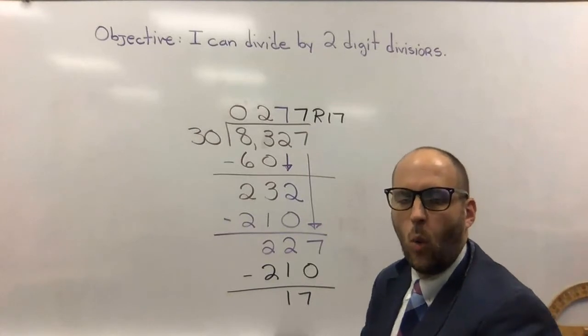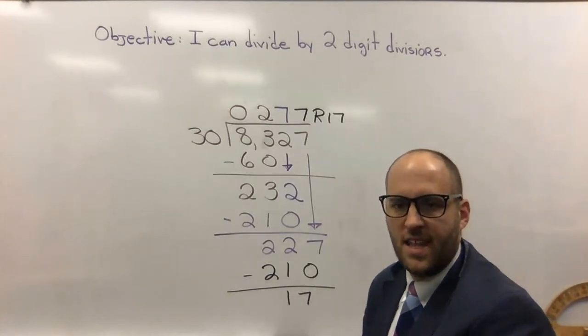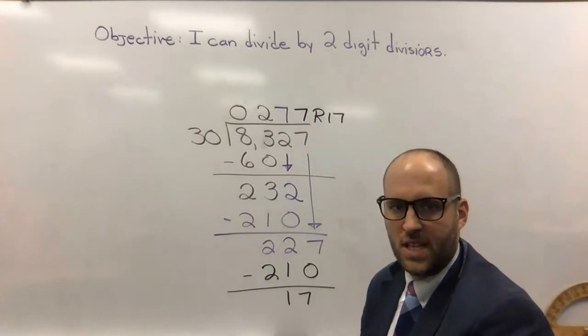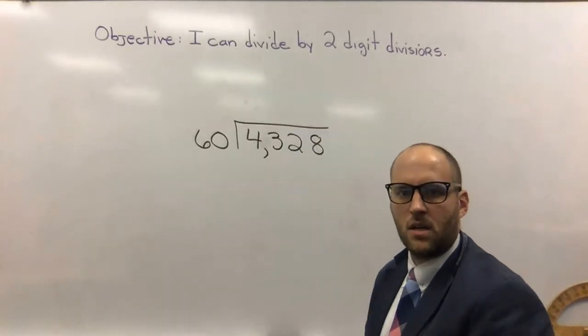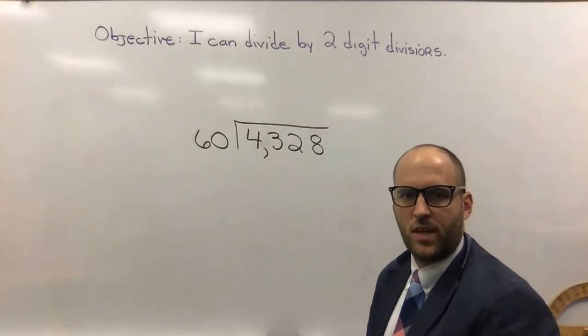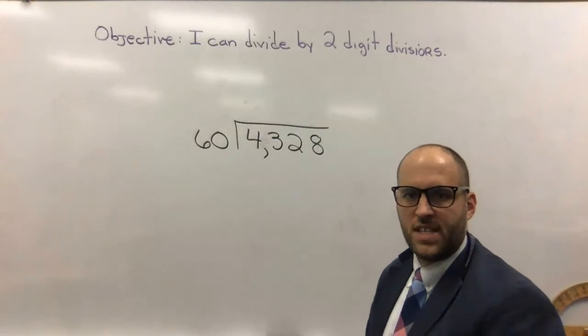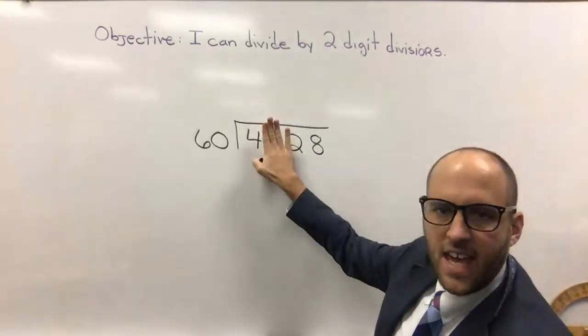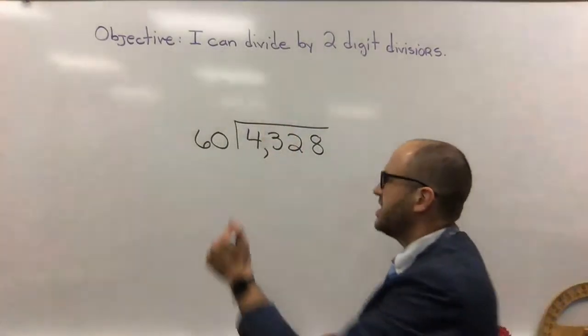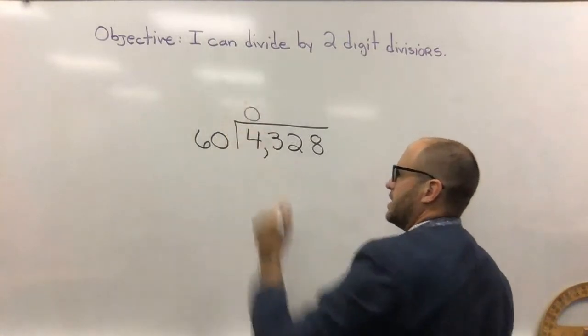We're going to do one more problem together, and then your teachers will probably do a couple examples with you in class. Our last example is 4,328 divided by 60. Now this problem's a little different, and we'll see why in 1 second. 60 still can't go into 4, so we still have to put our 0 there in the thousands place.